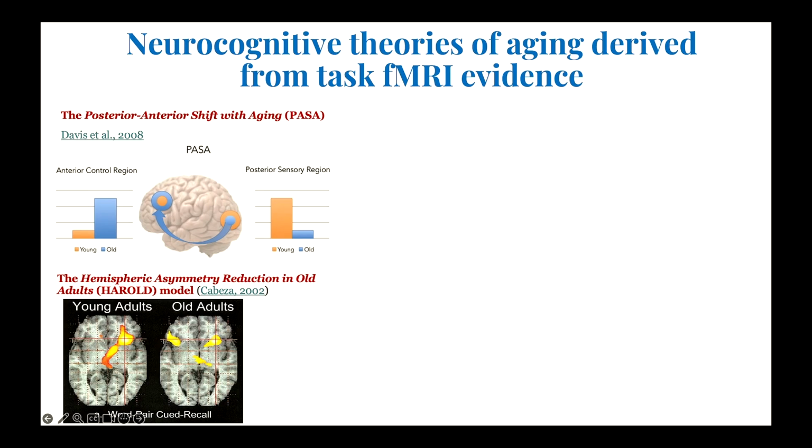When you are asked to encode word pairs and later recall them, the younger adults could carry out the task using only a single hemisphere, whereas the older adults require recruitment of brain areas involving both hemispheres.